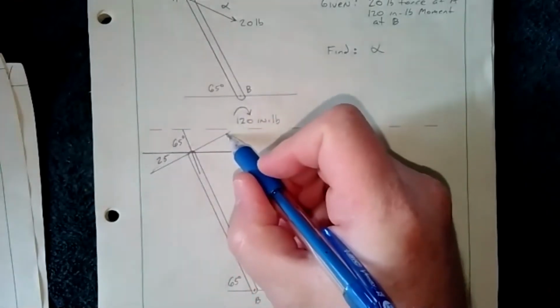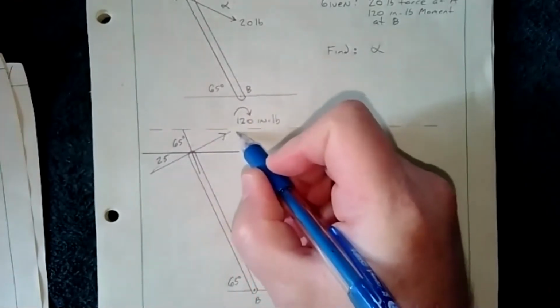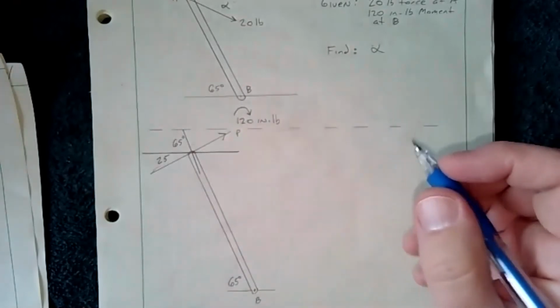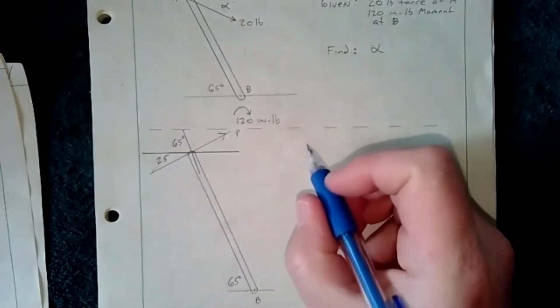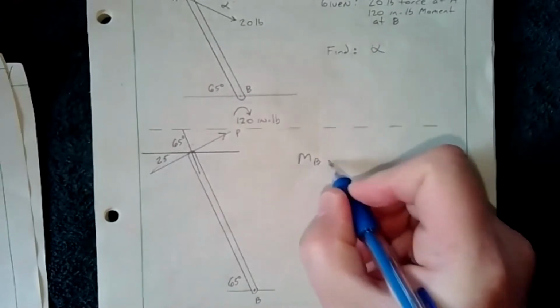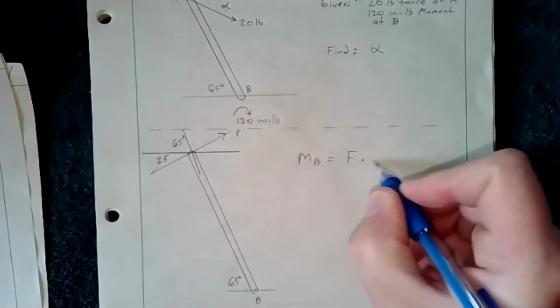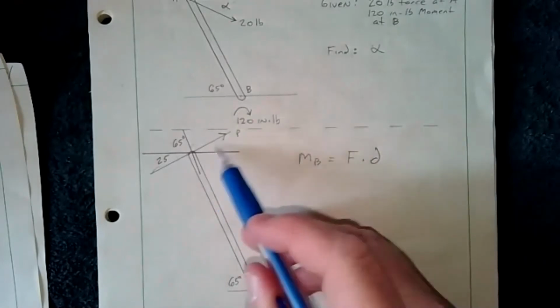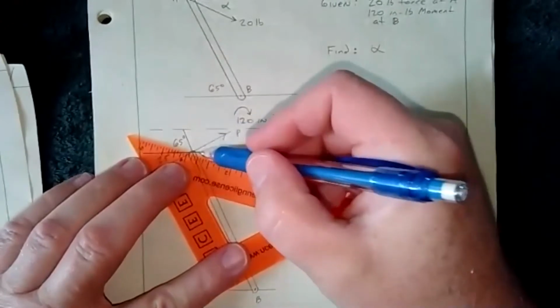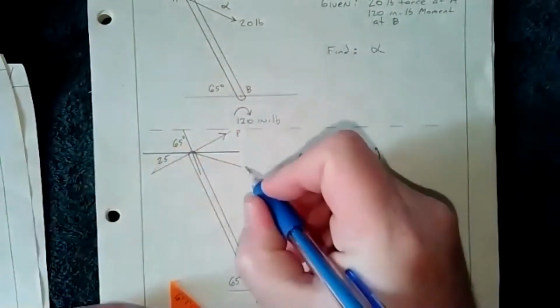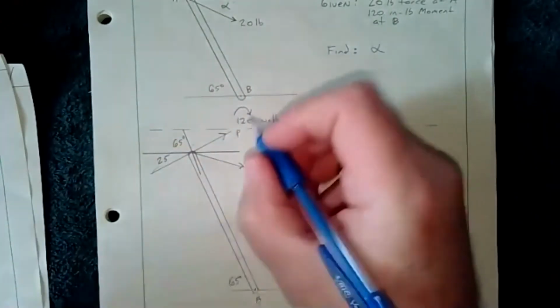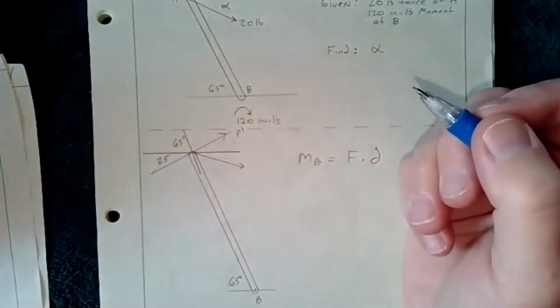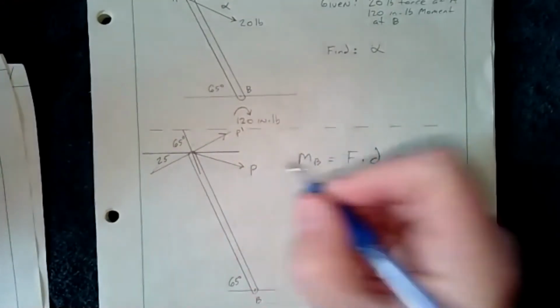So if I were to apply the force P here, at the perpendicular, then I could just say that the moment about B equals force times distance. But I don't want P, I want to know what this value is here. So I'm going to call this value P prime up here, and this is the P that I'm looking for.